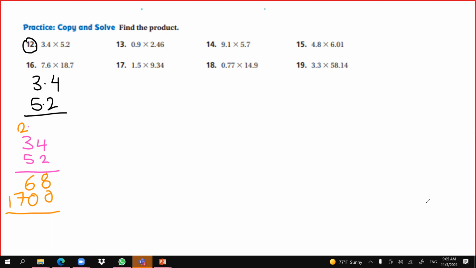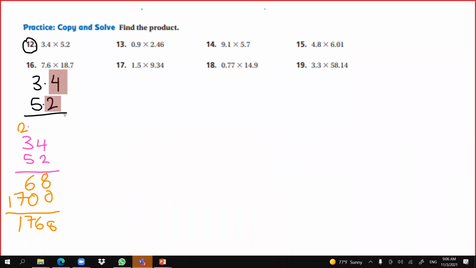Then what do you have to do? Add 8, 6, 7, 1. Now where should you put the decimal point? Here you have 1 digit, and here you have 1 digit.